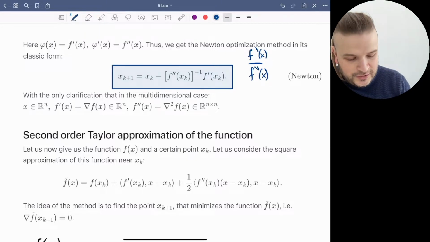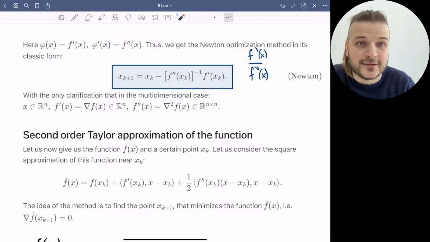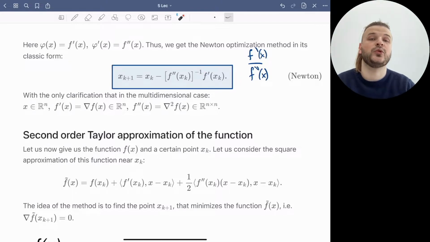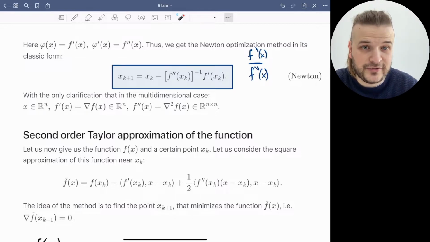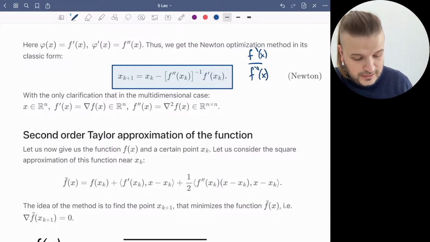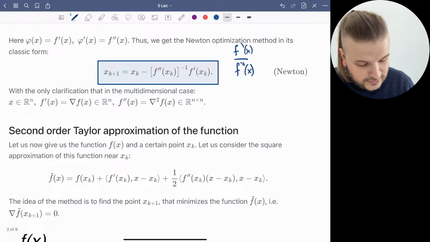That's why we're placing -1 here as a degree, right? That will be just the inverse matrix. And actually, that's the exact formulation of the Newton method for function minimization. Again, that's the Newton method for function minimization.